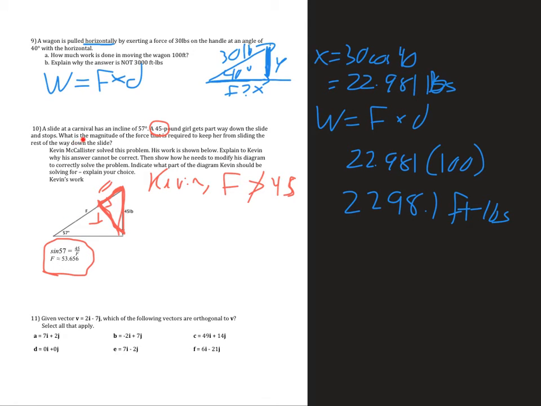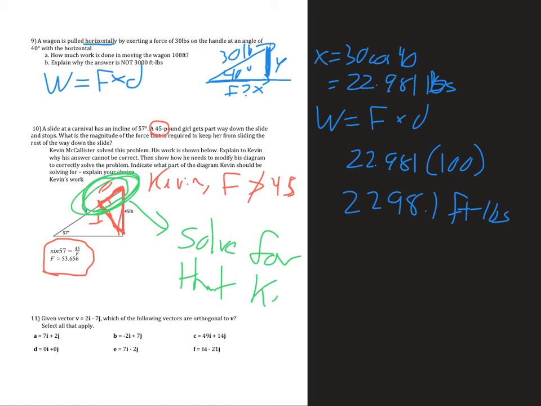So the question originally is, what is the magnitude of the force that is required to keep her from sliding down the slide? So we're looking for this. How do I counteract that piece? The problem doesn't actually ask me to solve it. It just says, show how he needs to modify his diagram. Done. And indicate what part of the diagram he should be solving for. Well, this part here. So we'll just say solve for that, Kev.